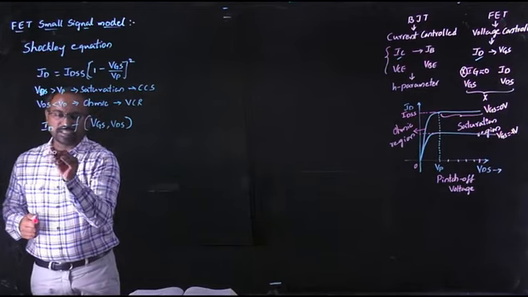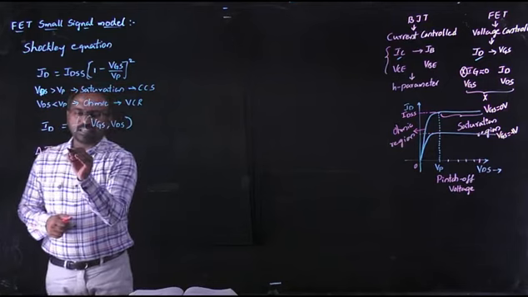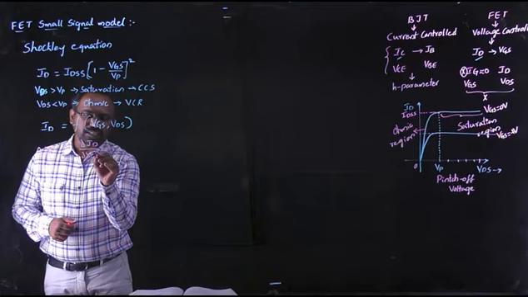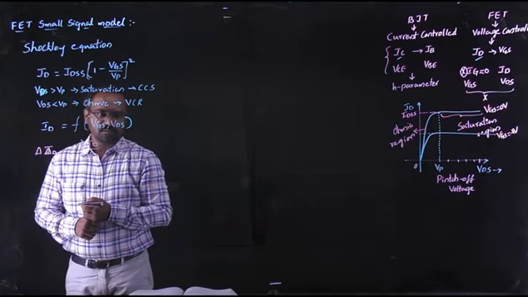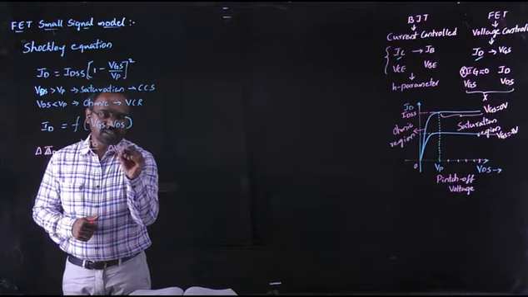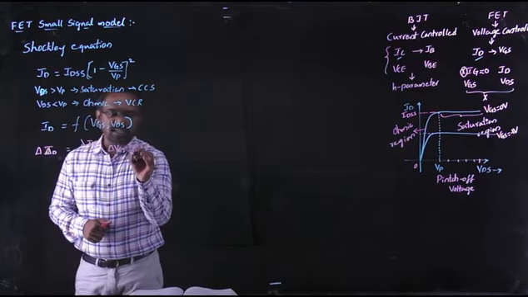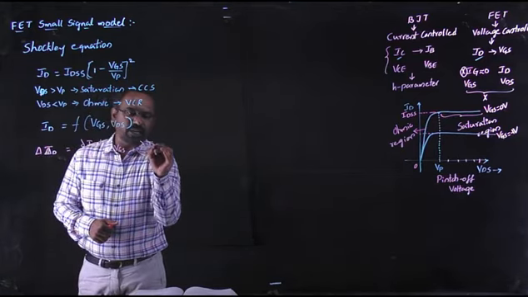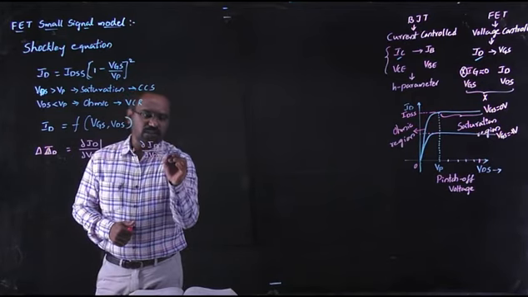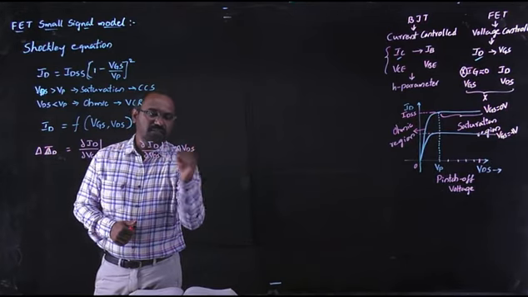So the change in drain current ID is equal to dou ID by dou VGS into delta VGS, keeping VDS constant, plus dou ID by dou VDS, when VGS is constant, into delta VDS.